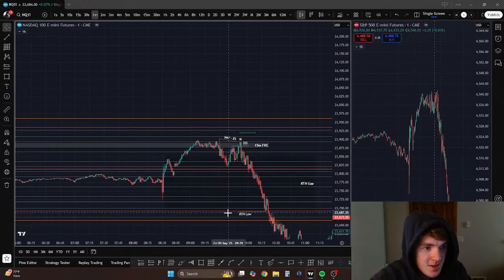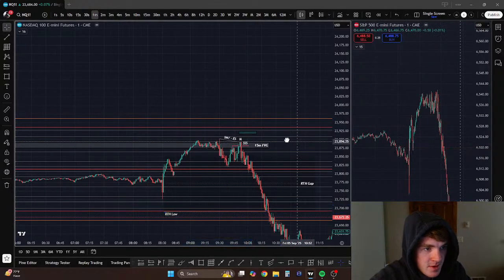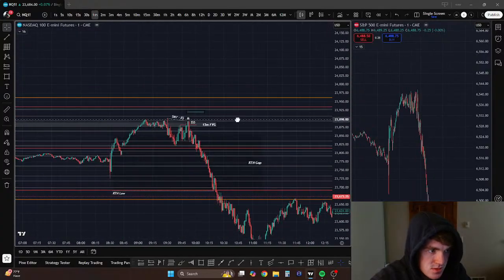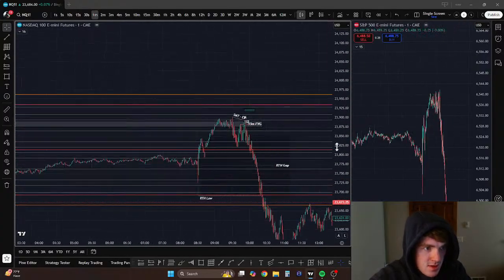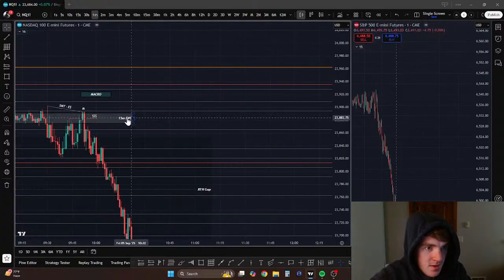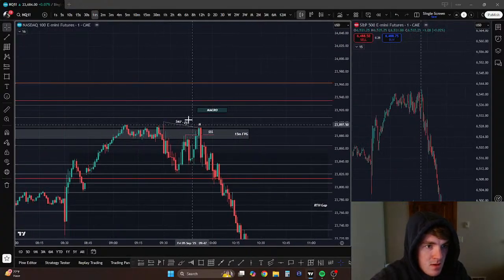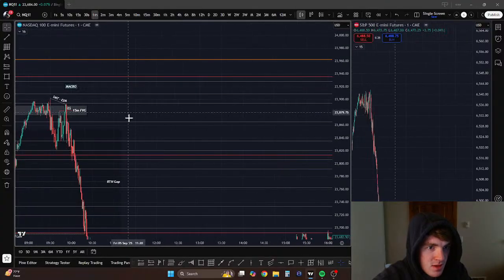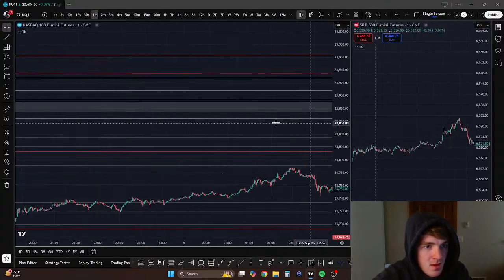Dang, man. Look, the RTH gap low aligns with the low of the gold block range. And then up here, this is a fair value gap partition, and that's where the high was.